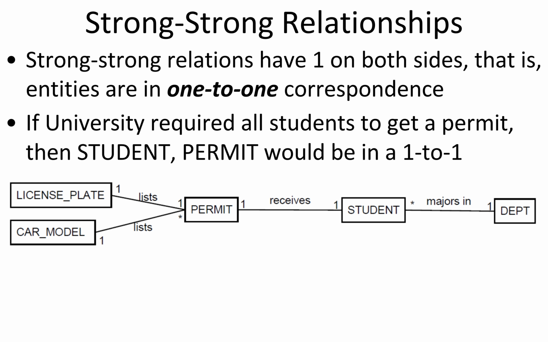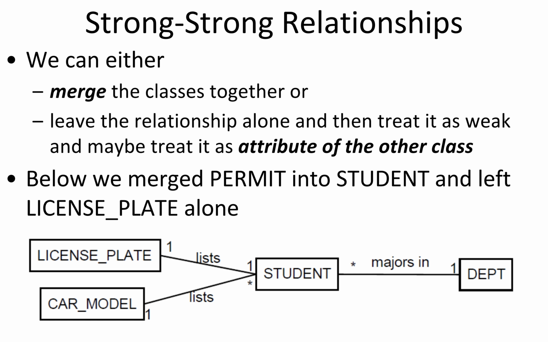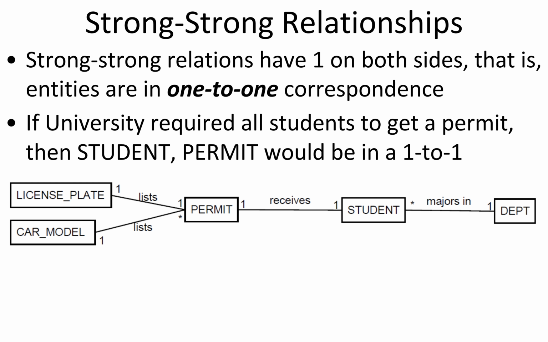Also, we might decide that the permit is only a means of getting a hold of the actual data that you want, the license plate and the car model. And we might decide that this one-to-one relationship is not worth keeping track of. We might decide by design that the permit could actually be part of just a student.